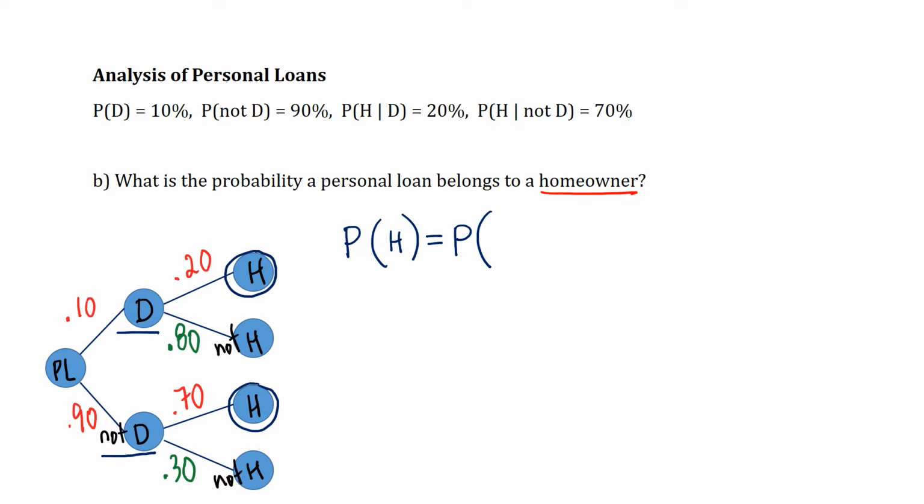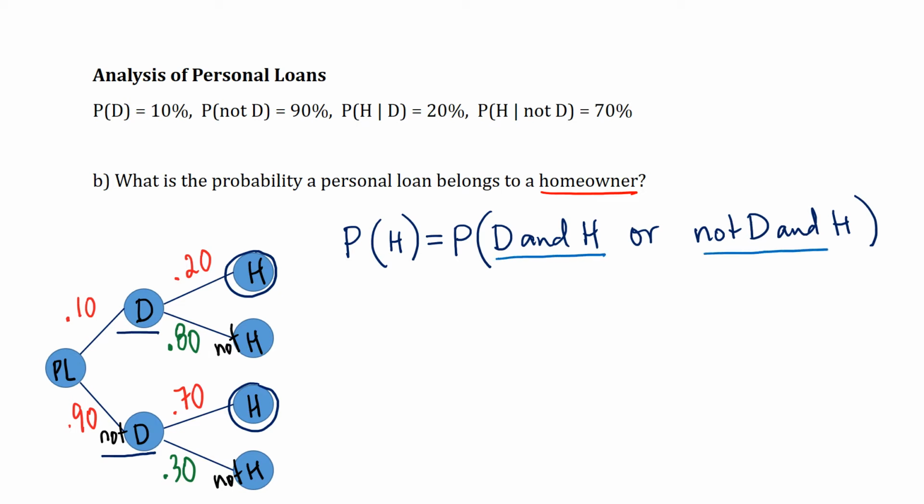Probability of H is the probability of D and H, or not D and H. So here we have the union of the two mutually exclusive events. These are the two mutually exclusive events, and we're considering the union of these two events.